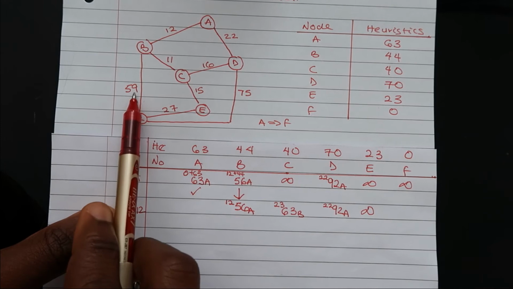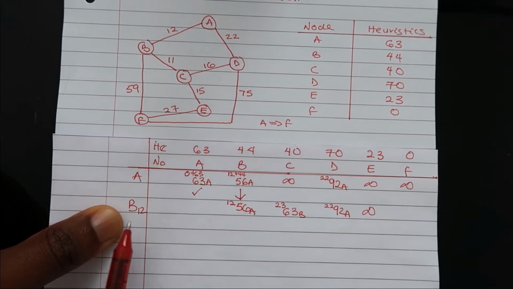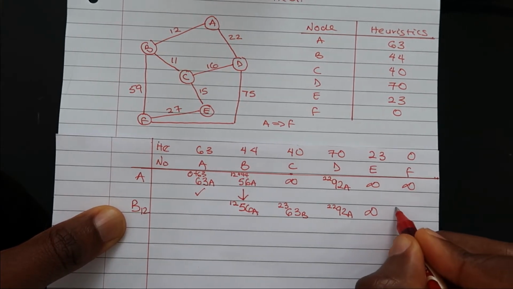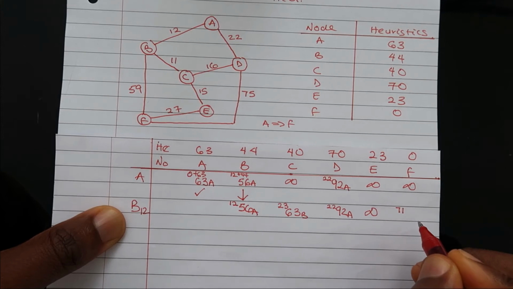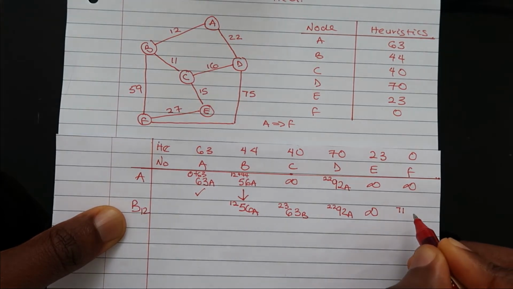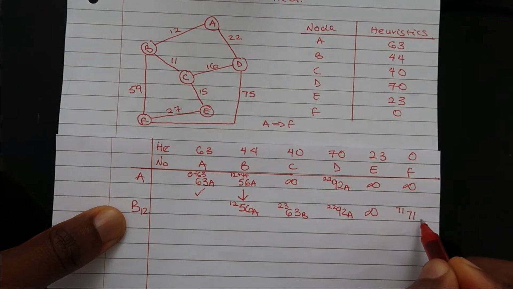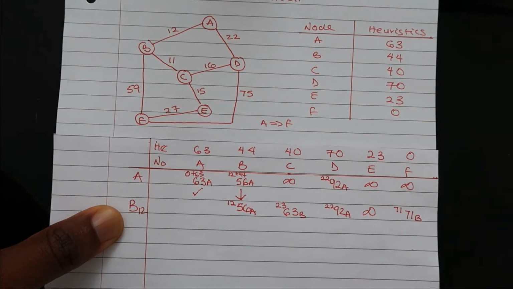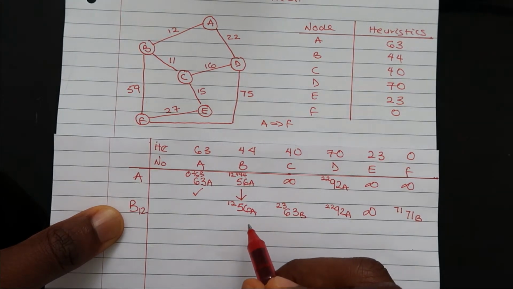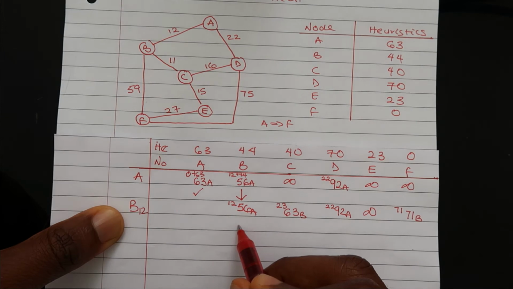So I'm going to say 59 plus 12, which is the 12 I've written down there. 59 plus 12 will give me 71. Now 71 plus 0 is 71. And that's coming from B. At this point, I can say that I have explored all of B.